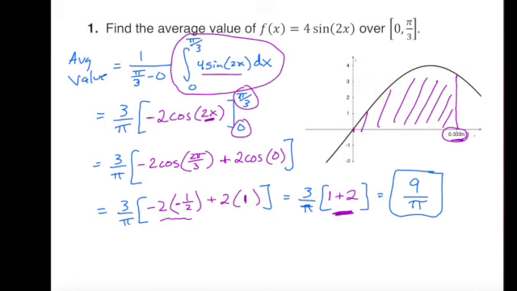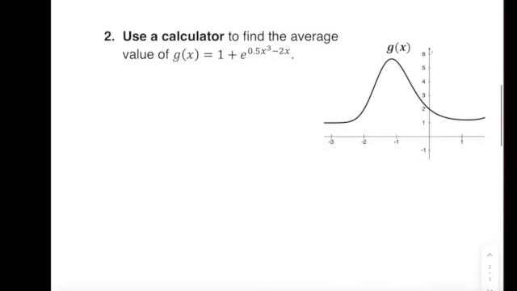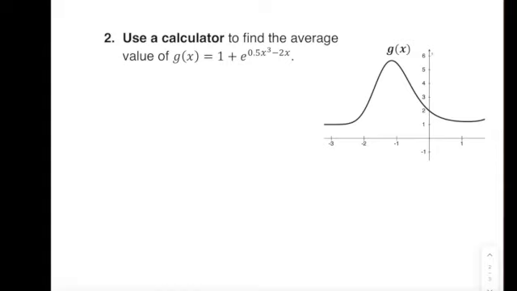Okay, so there's one example there, and a little brush up on trig and unit circles, antiderivatives, and chain rules. And now how about a calculator problem? Use a calculator to find the average value of this function g of x equals 1 plus e to the 0.5 x cubed minus 2x. Notice that's a pretty funky looking graph there, again just for visualization.